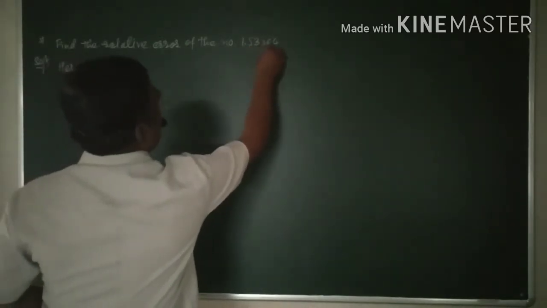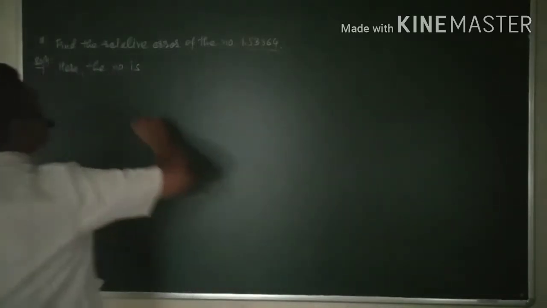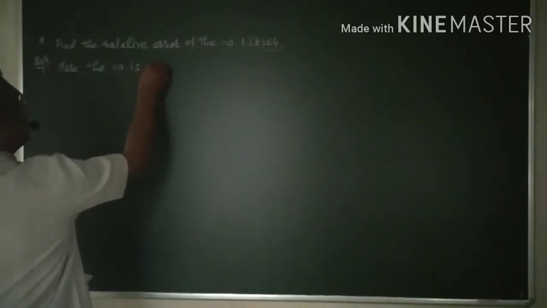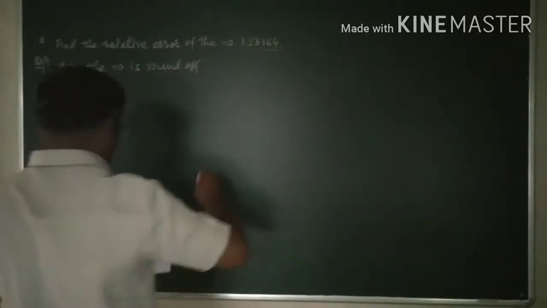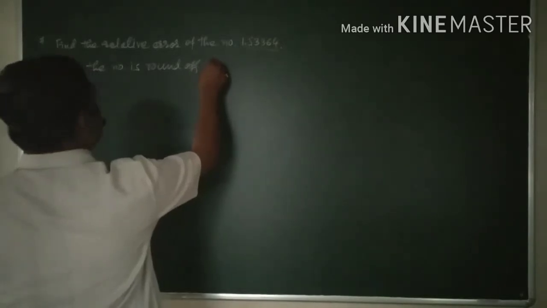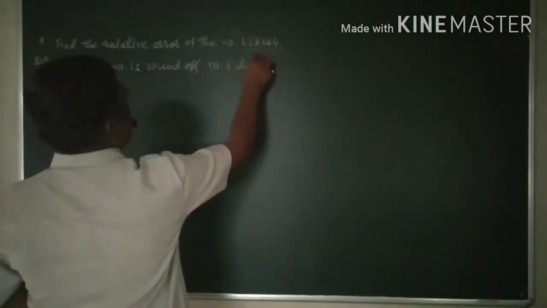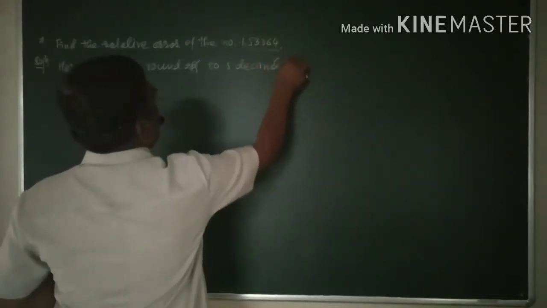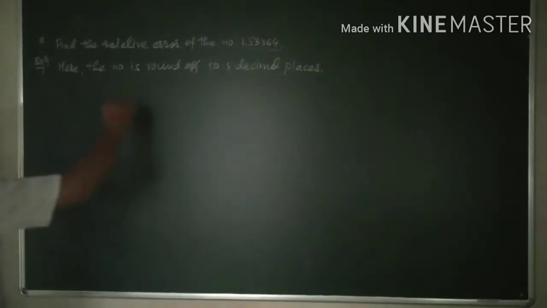Now this is 1, 2, 3, 4, 5. Well, the number is rounded off to 5 decimal places.